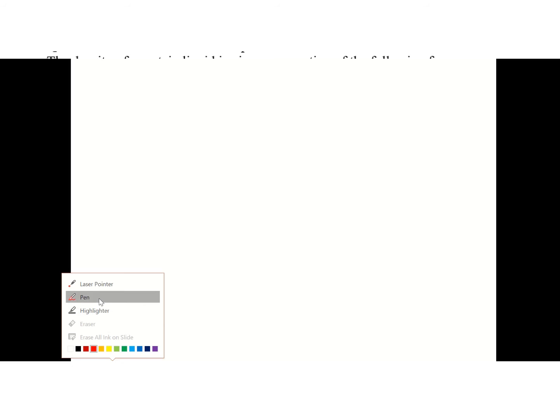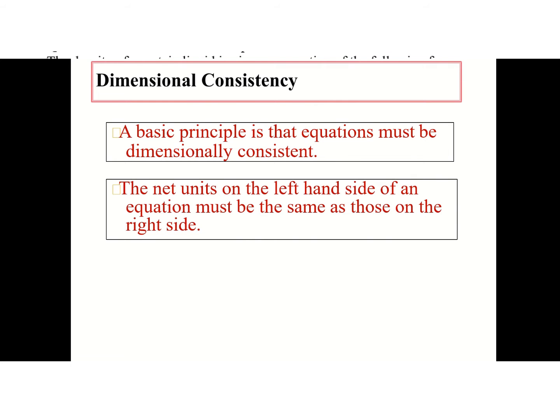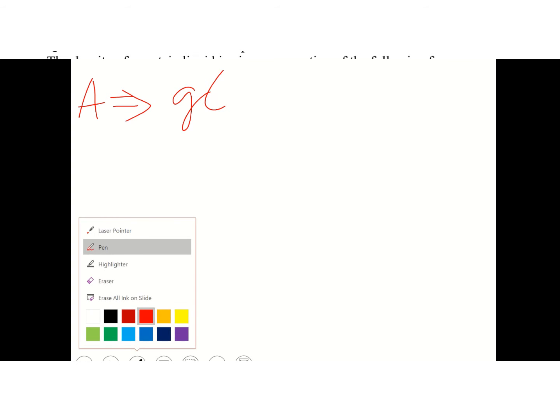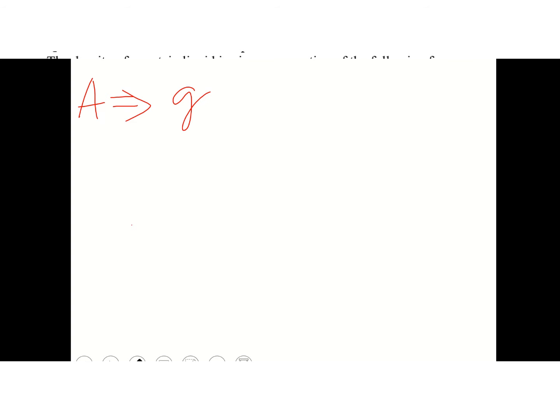Let me bring out my pen here. The unit of A, since the unit of rho on the left-hand side is gram per cm cube, should also be gram per cm cube.